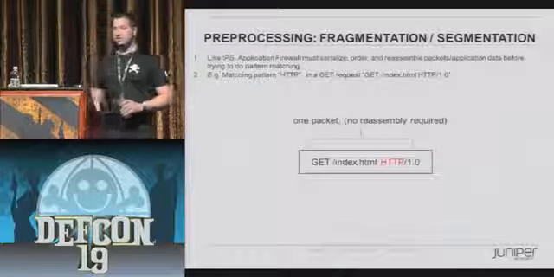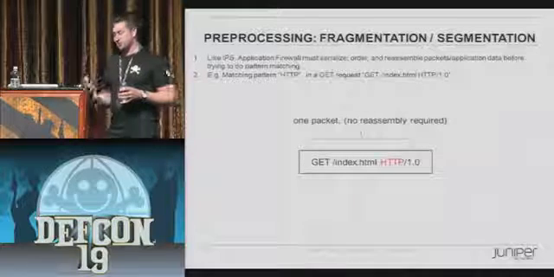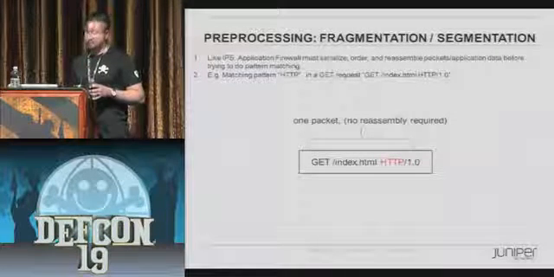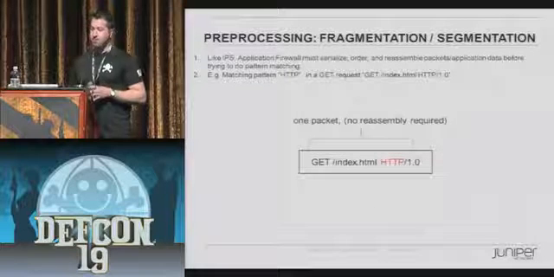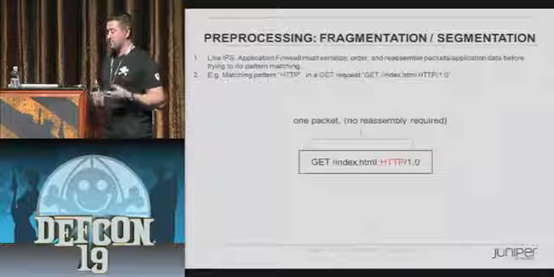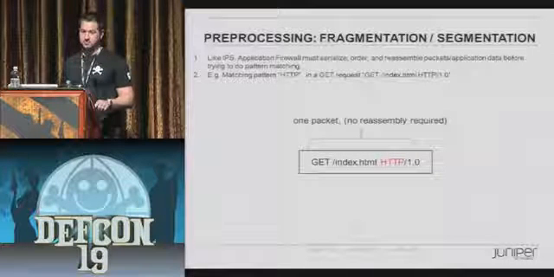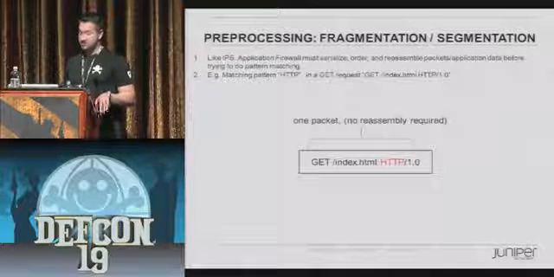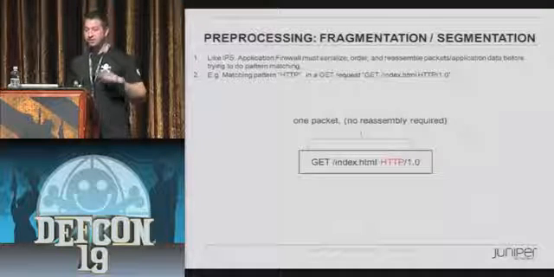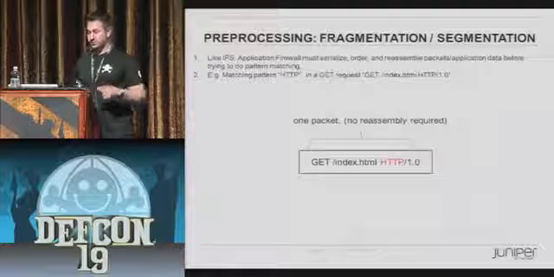So let's talk about the pre-processing. We've already discussed at a high level what the actual application identification is. It's doing the pattern matching. But before we can actually do any pattern matching, there's quite a bit of pre-processing that has to be done. And if you guys are doing any kind of evaluations or checking out this technology, this is a really, really important point to think about.